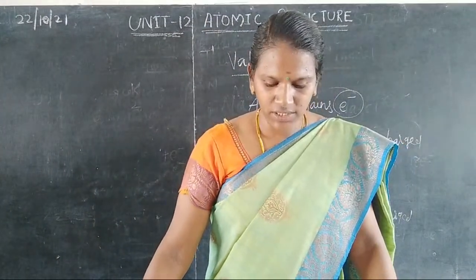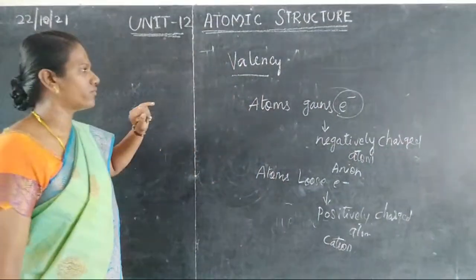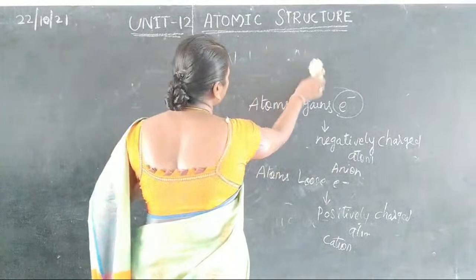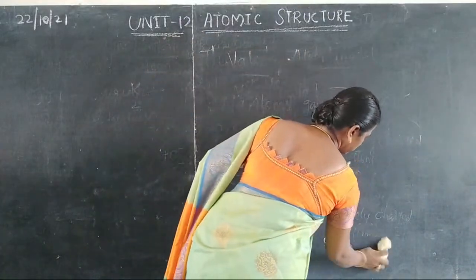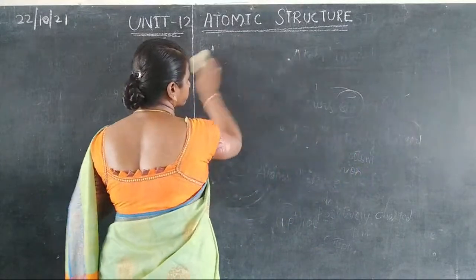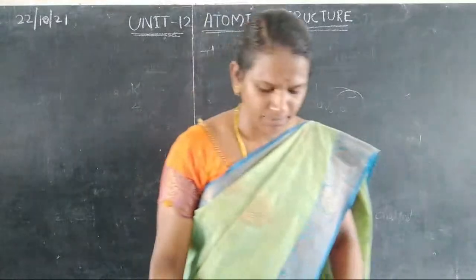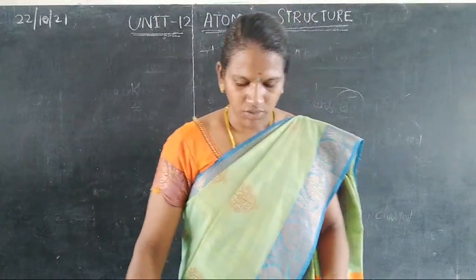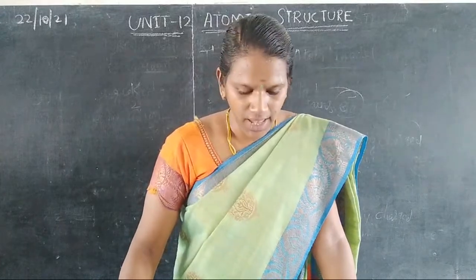Next, valency with respect to atoms. So far we have learned about the types of valency. Now we will continue with valency with respect to atoms. The valency of an element is also determined with respect to other atoms.